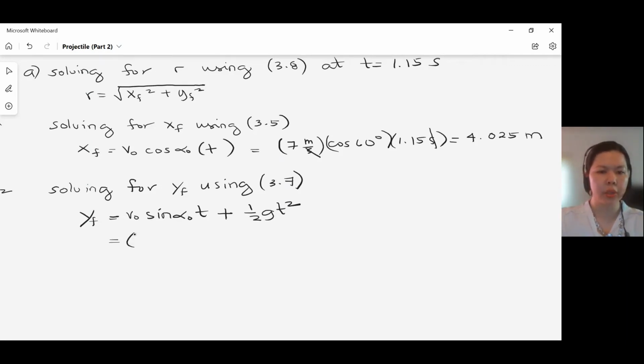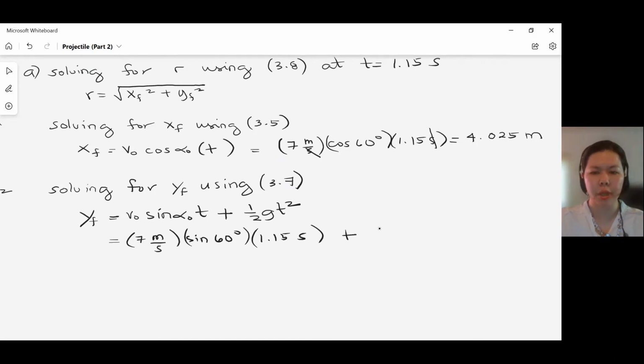Substituting the given V naught 7 meters per second, sine 60 degrees, at time 1.15 seconds, plus 1/2 g, negative 9.8 meters per second squared, at time 1.15 seconds squared.